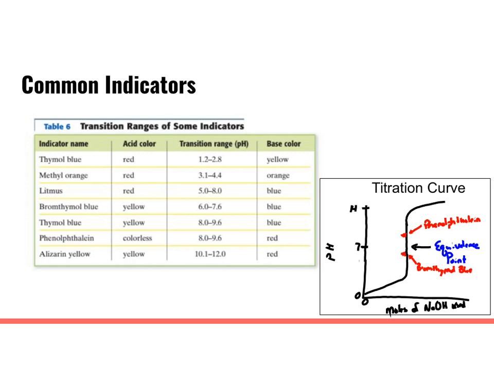We might use different indicators that have different transition ranges. So if I know that it's an acidic solution, but I'm trying to figure out how acidic it is, I might use thymol blue to determine if it is within that range of 1.2 to 2.8, and then I might use another one to narrow that range down to actually figure out what that pH is.